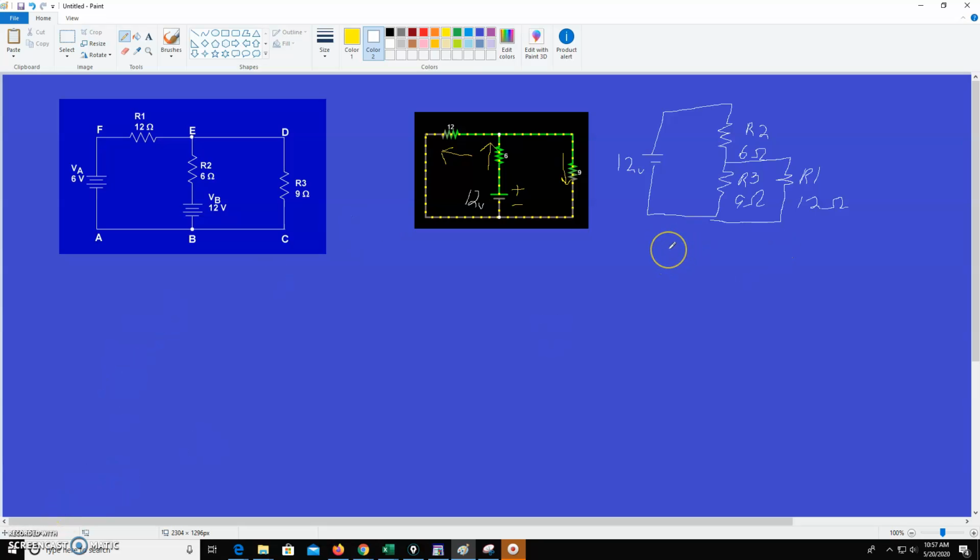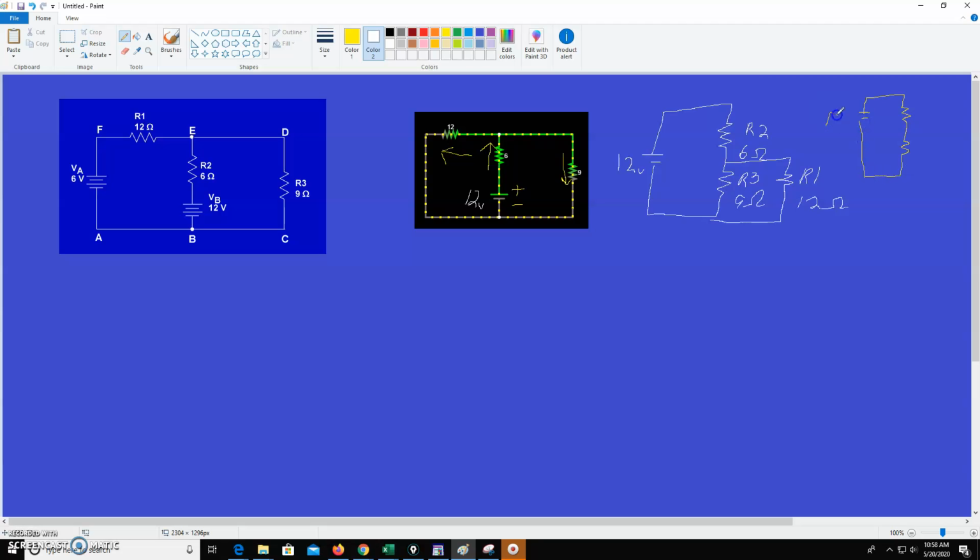So a 9 in parallel with 12. My head definitely isn't working on that one this morning. So 9 times 12, divided by 21, equals about 5.14. So if we redraw this, I'm going to try to do it tiny. We come up with this right here.